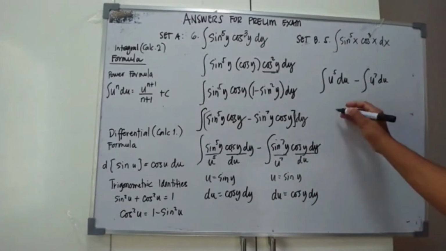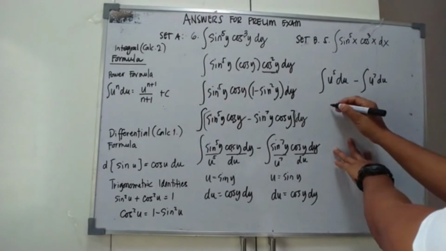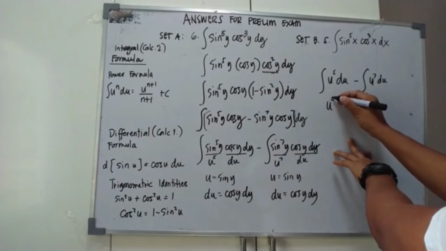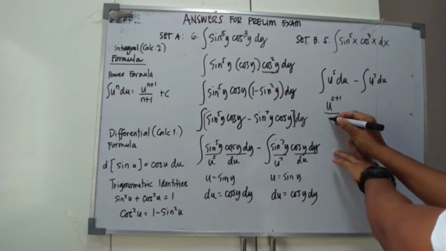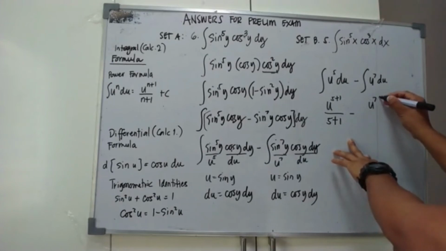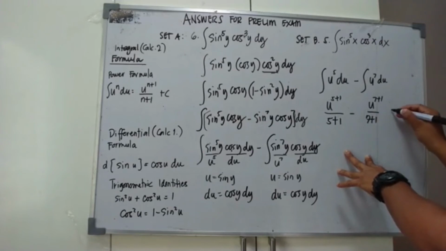Using now the power formula for our integral: u raised to n plus 1, so 5 plus 1 over 5 plus 1, minus u raised to 7 plus 1 over 7 plus 1, plus c.